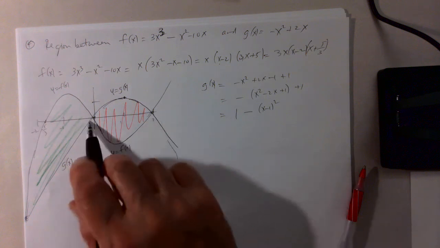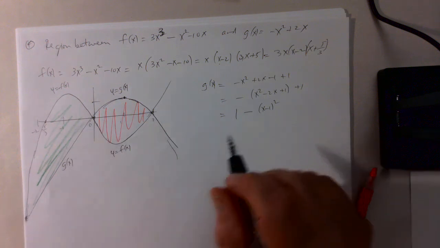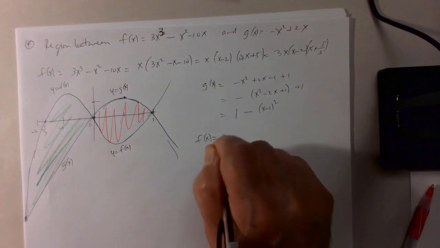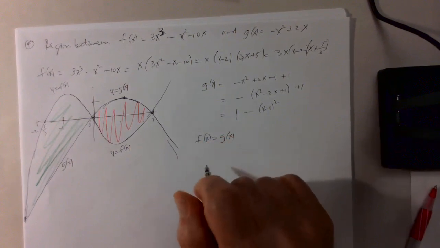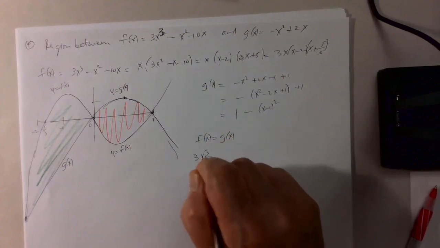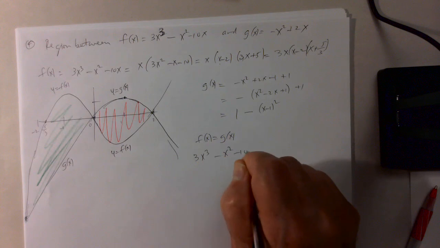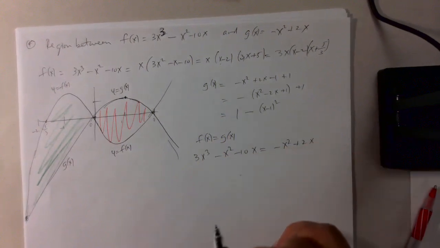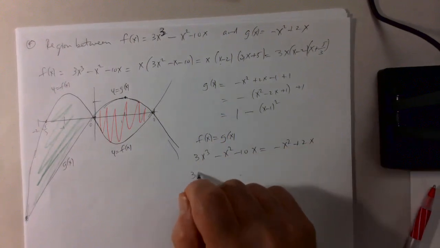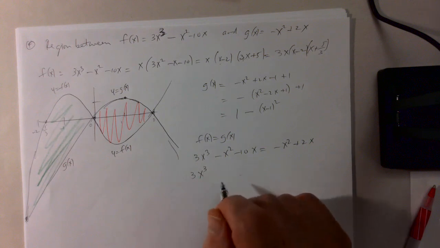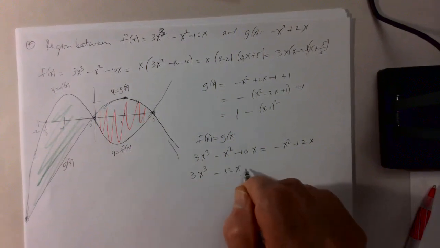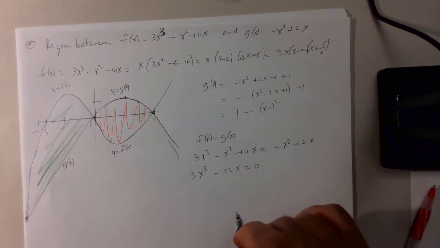They intersect at 0, and what about over here? Well, to do that, we have to solve the equation. When does f of x equal g of x? That is, when does 3x cubed minus x squared minus 10x equal minus x squared plus 2x? So that's the same as 3x cubed minus 12x equals 0.